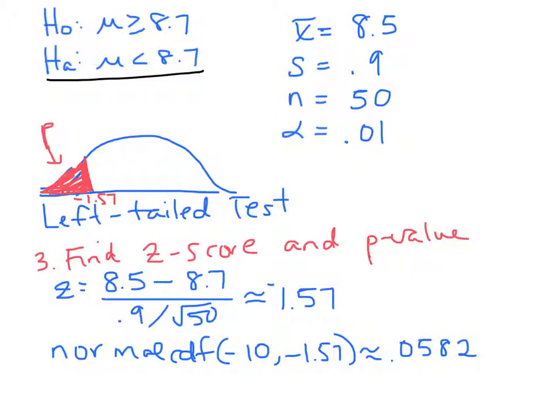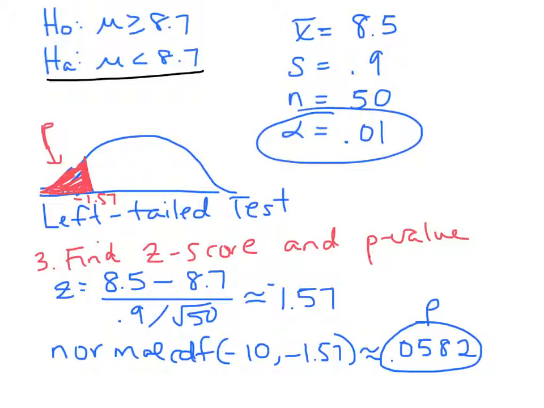Okay, so our next step, what we use this p-value for, is to make our decision. We compare the p-value, this is our p-value right here, to our alpha, which is right here.